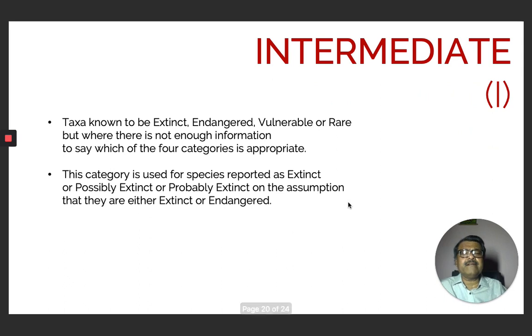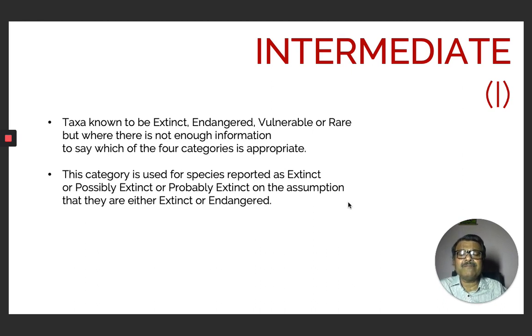Next is the intermediate category. In the intermediate category, the taxa is known to be extinct, or it may be extinct, endangered, vulnerable, or rare. So these are the four important threat categories, but enough information is not available with us that we can classify them into the extinct, endangered, vulnerable, or rare category.